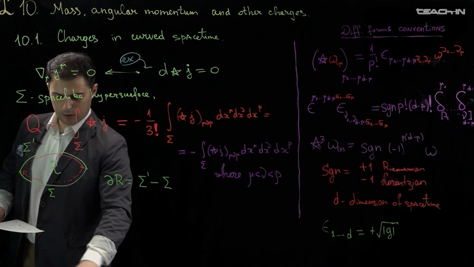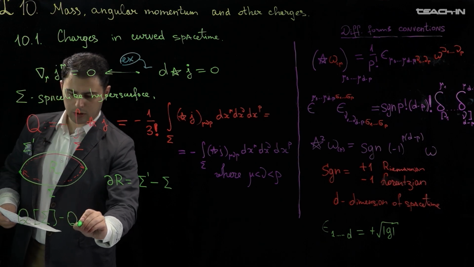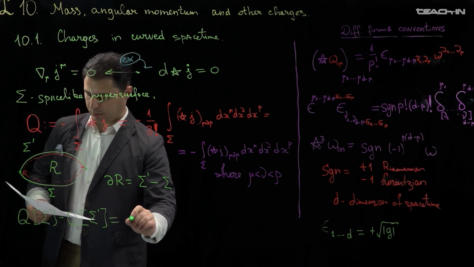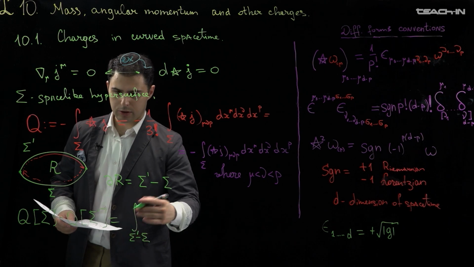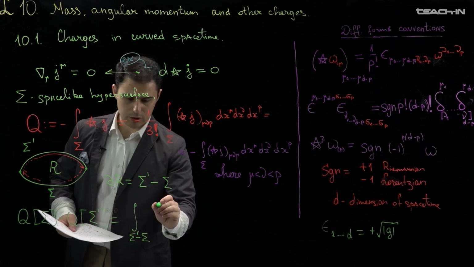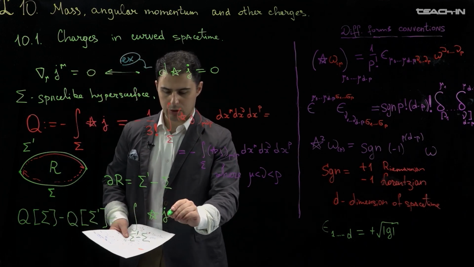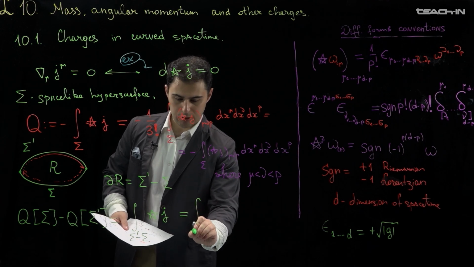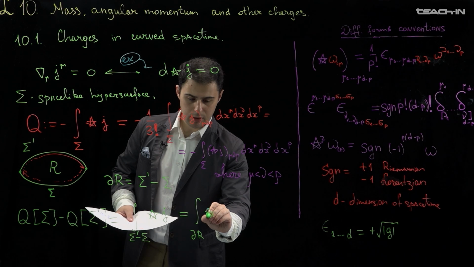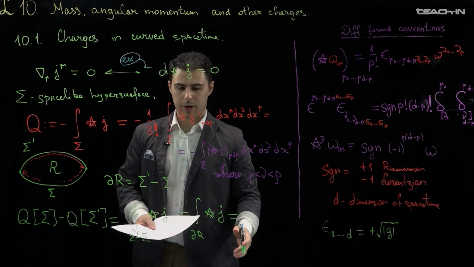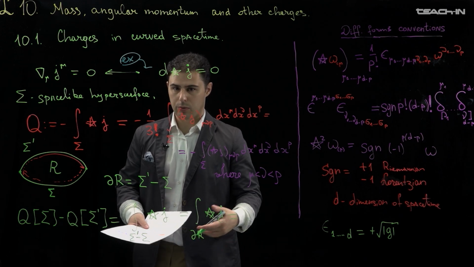We naturally have that Q calculated on sigma minus Q calculated on sigma prime equals the integral over sigma prime minus sigma, because there is a minus sign in the definition of the charge, of the Hodge dual of J, which is the same as the integral over the boundary of R, which is the same as, by the nature of the Stokes theorem, that relates the integral over the surface to the integral over the volume, and similarly, the Green theorem that relates the integral over the contour to the integral over the surface within this contour.